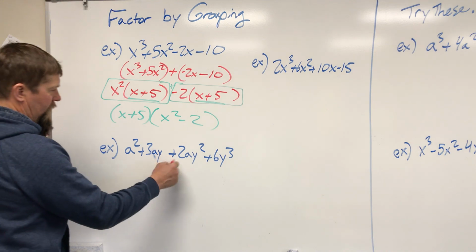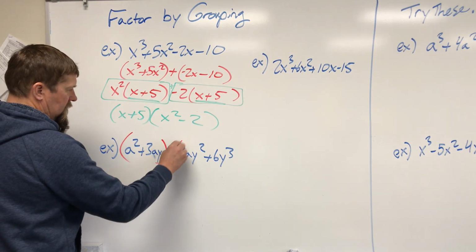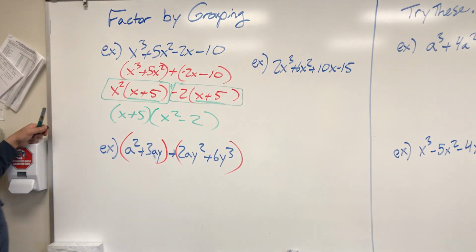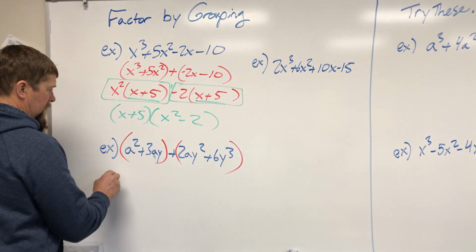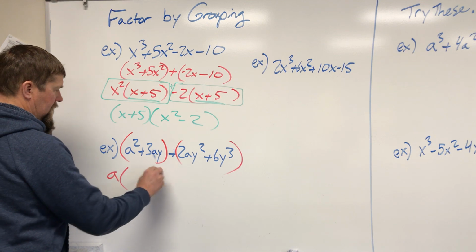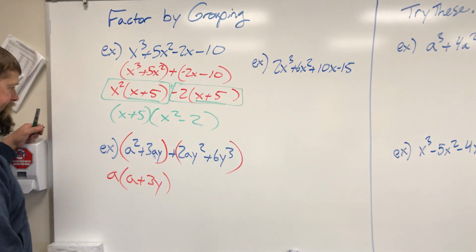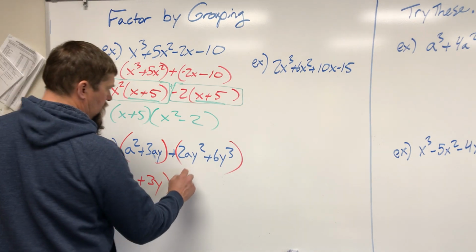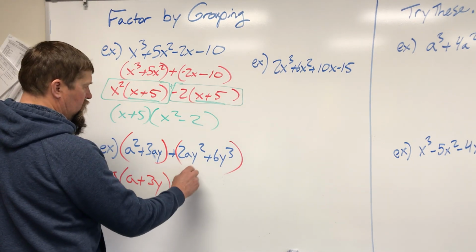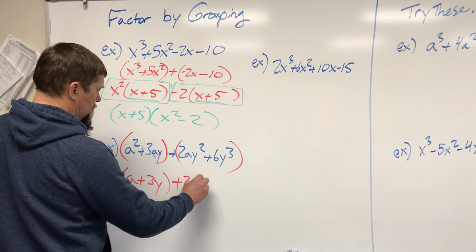Okay, so here I have a plus sign in the middle, so I can just go ahead and use that as my plus sign. First group I take out looks like an a. I'm left with an a plus 3y. Second group, I can take out a 2y squared.